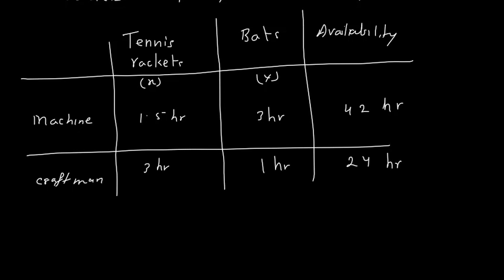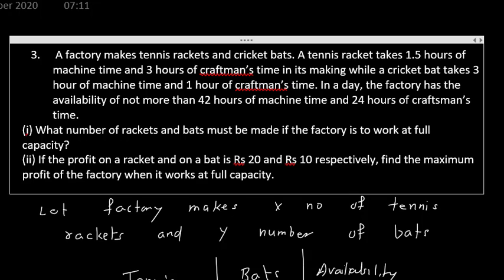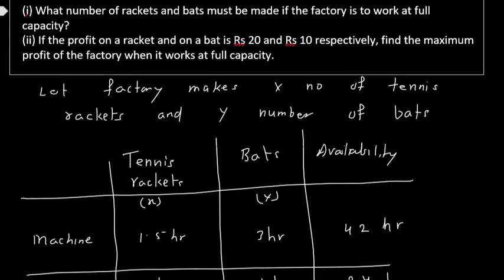Now the first part is: what number of rackets and bats must be made if the factory is to work at full capacity? That means I have to utilize craftsman's time and machine time to its full capacity.